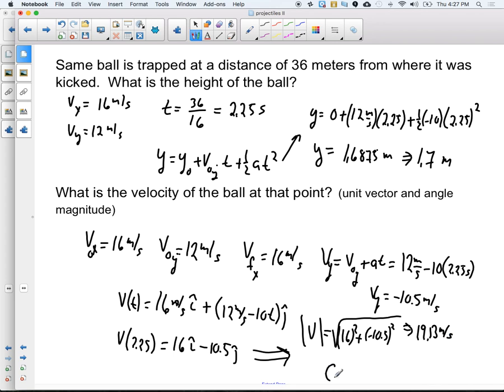Then the angle would be the arctangent of minus 10.5 divided by 16, which gives me an answer of minus 33.3 degrees, and that's because the ball is coming back down again.